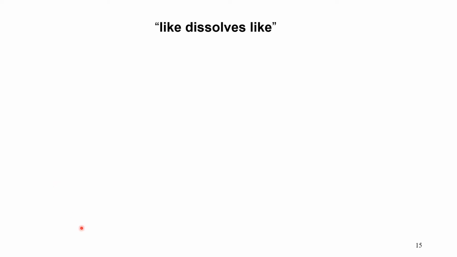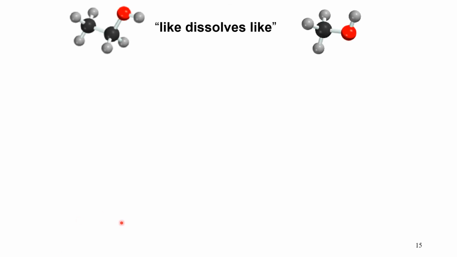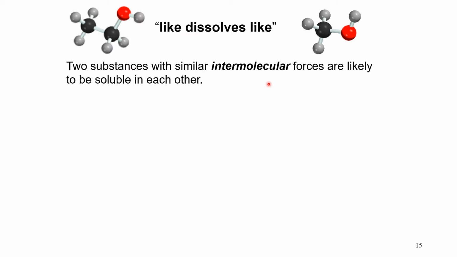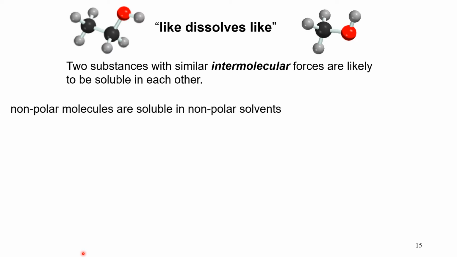Okay, but now there's actually a fairly easy way that we tend to look at this. This is the most used version of what all we've been talking about, and it's usually summed up by this: like dissolves like. So you want to use a solvent that has similar intermolecular forces to what you're trying to dissolve, right?